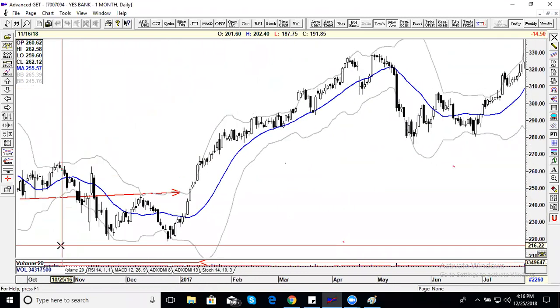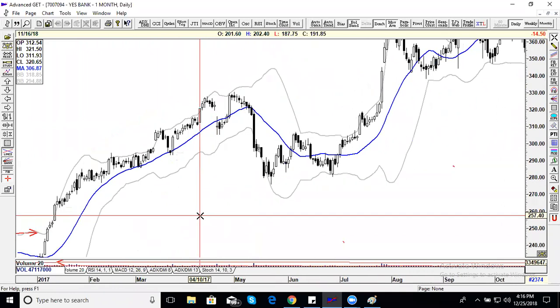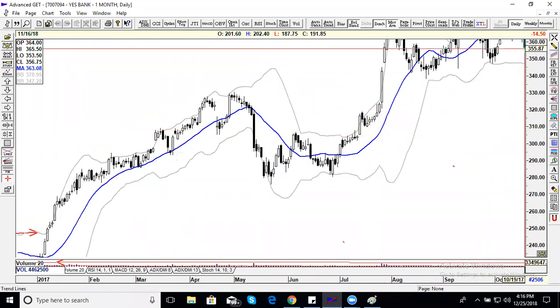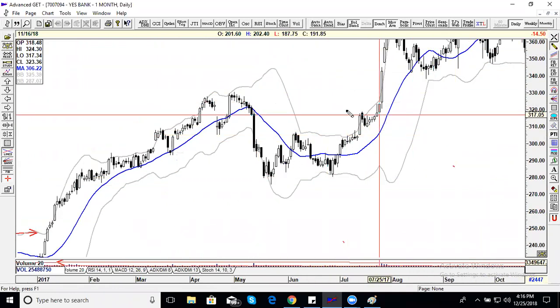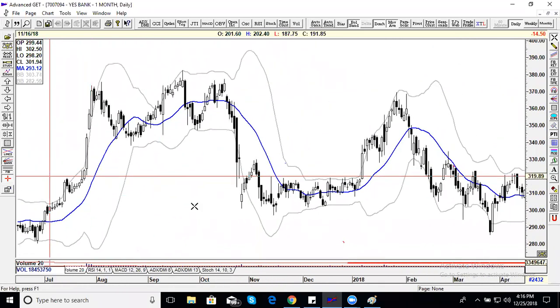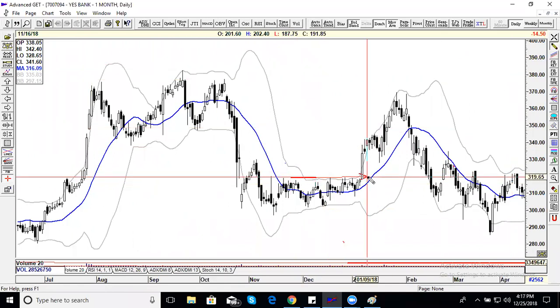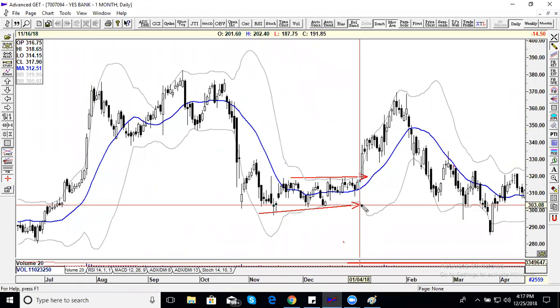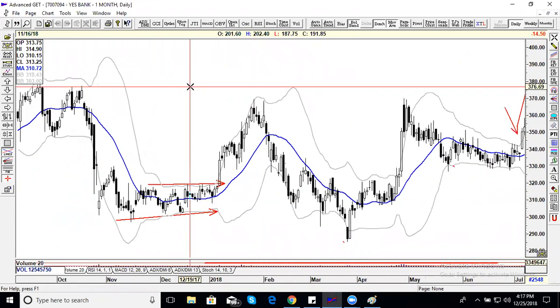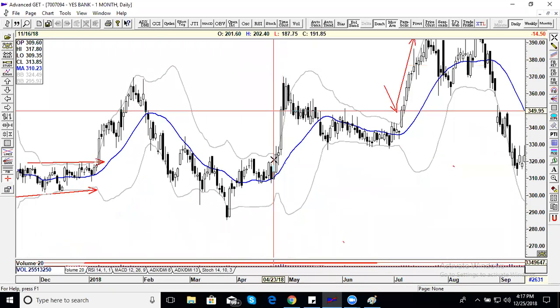I would rather use a well-trended stock than a sideways market. When Bollinger Bands are sloping up or sloping down, it is usually trended. And when they start becoming horizontal like this, it is usually sideways. That's how we use it.